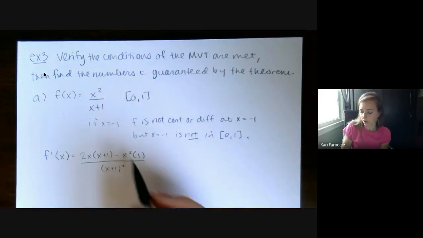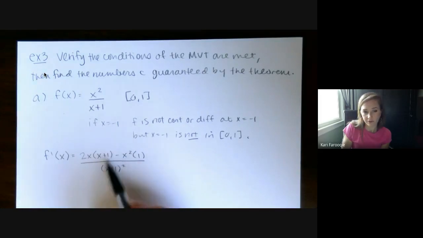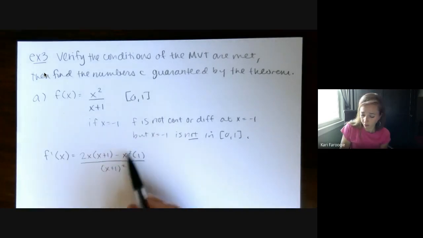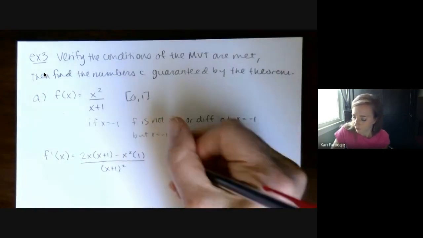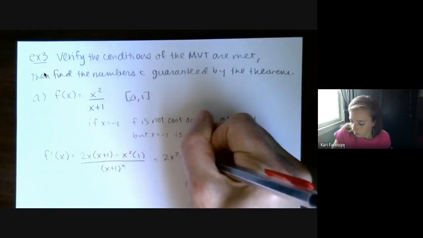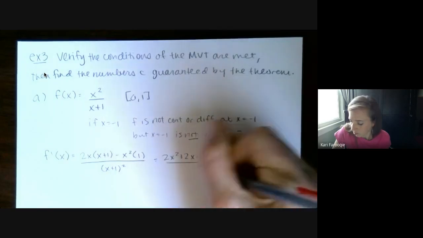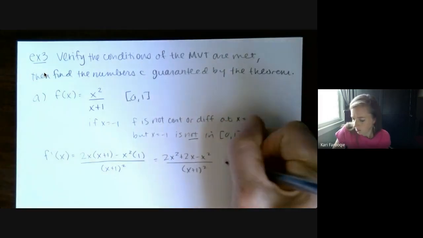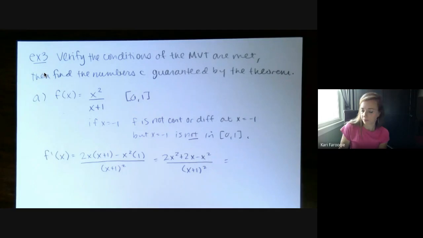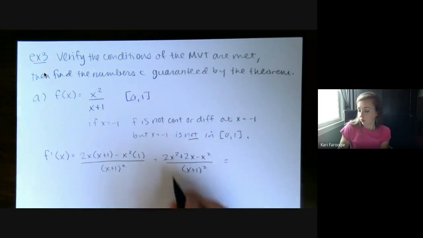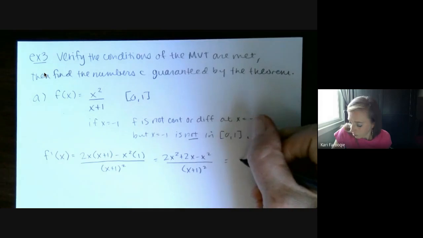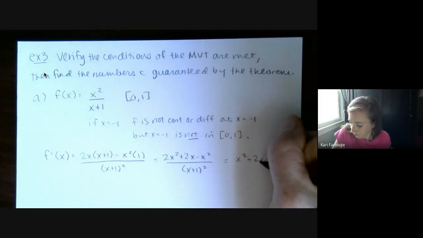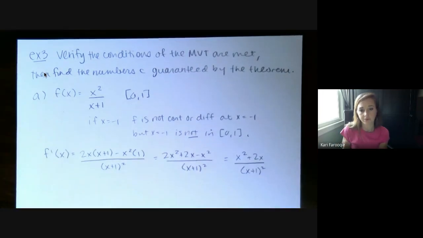I saw a couple of you on your test cancel out a factor here between terms. Can't do that, because you would have to be able to factor it out before you cancel it. 2x squared plus 2x minus x squared divided by x plus 1 quantity squared. 2x squared minus x squared is just x squared plus 2x divided by x plus 1 quantity squared.